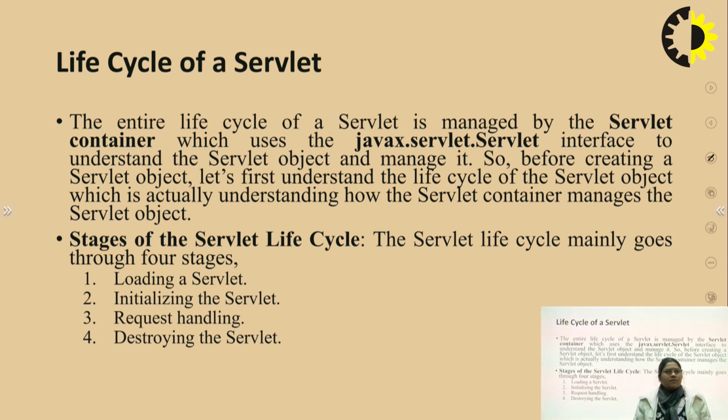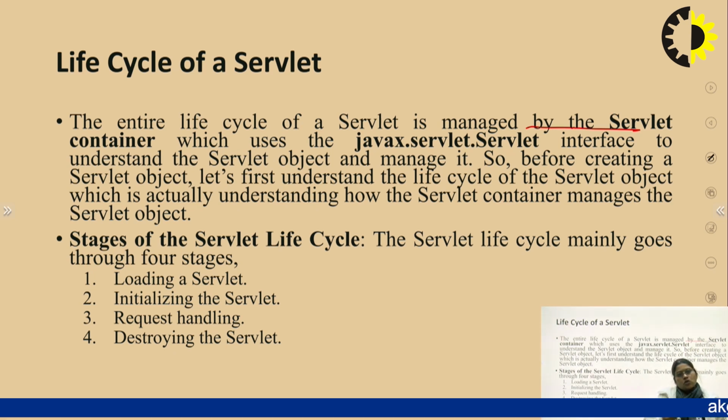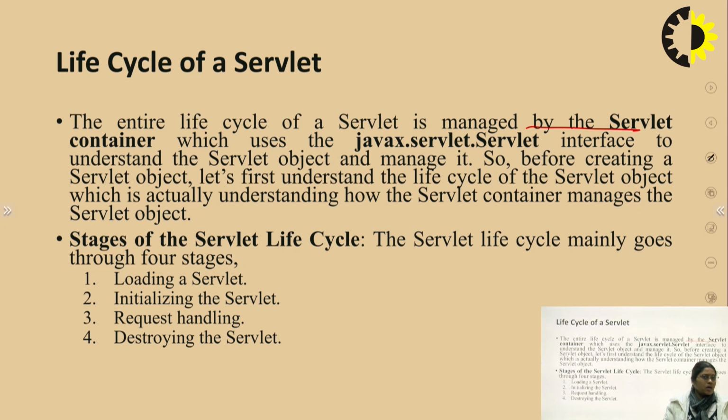The entire life cycle of a servlet is managed by the servlet container. First, the request comes from the client to the web server, which is called the web container. Then the web container sends this request to the servlet, which executes that request.